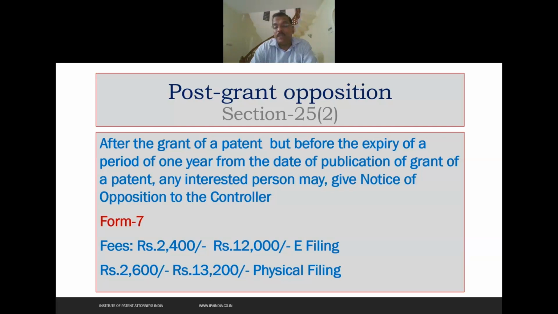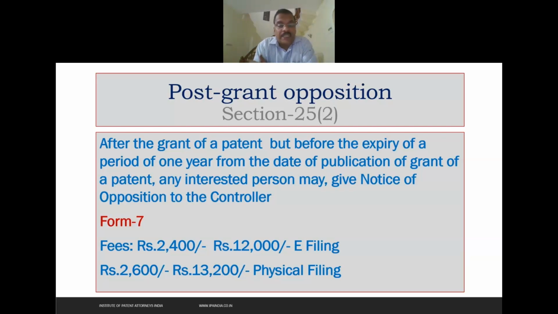You may not be aware about this. You are already aware about the Section 11A publication. We have one more publication, that is according to 43(2). Immediately after grant, the grant may be published.